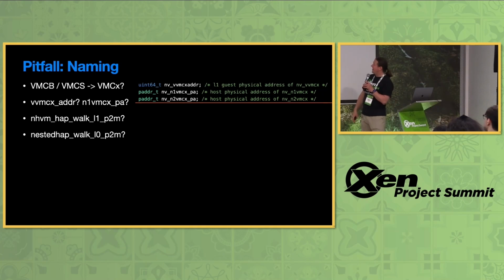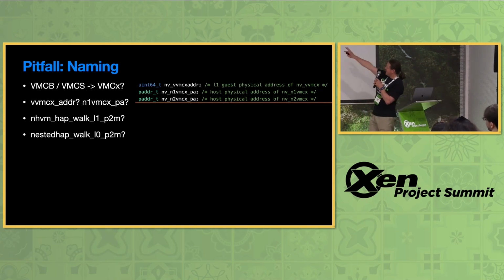So we have the VMCB, which is for AMD, and the VMCS, which is for Intel, and there was some attempt to merge some parts which seemed to be common, so there are bits of the code which reference a VMCX, which is meant to be VMC whatever you happen to have.